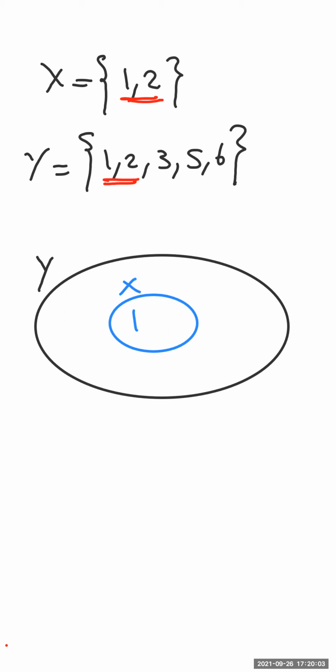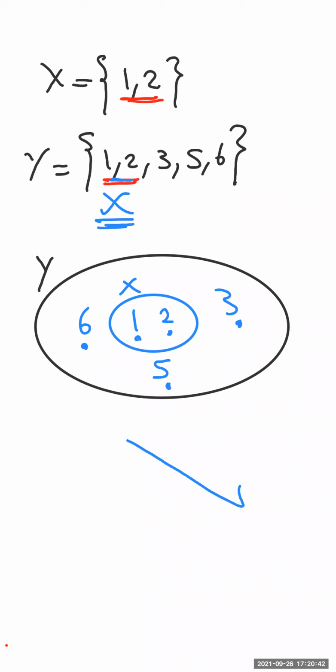X contains 1 and 2. And what about y? 1 and 2, I will not write them again, then 3, 5, 6. So y contains all these elements, including x, because x is totally part of y. It consists of 1 and 2, and y consists of 1 and 2. So this is x, and then there are more elements like 3, 5 and 6.